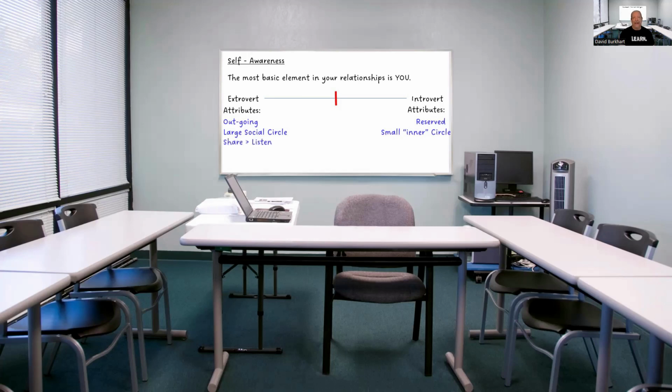The next area is, excuse me, share versus listen. Now, extroverts being very outgoing and gregarious, they like to break the ice. And I like that about extroverts. I like someone who will break the ice for me because I don't want to break the ice, okay?